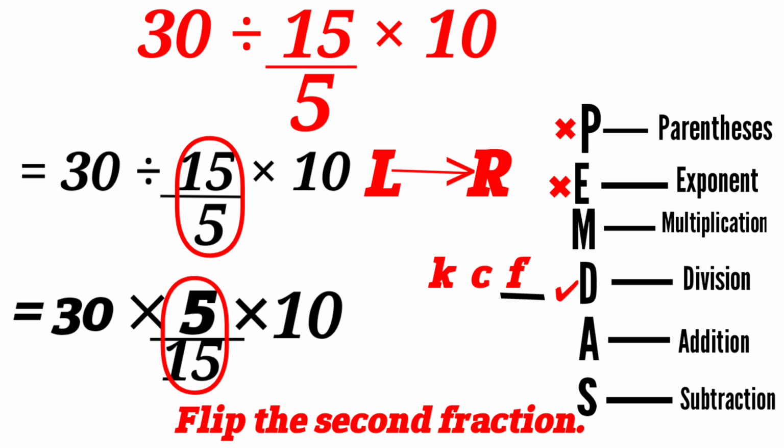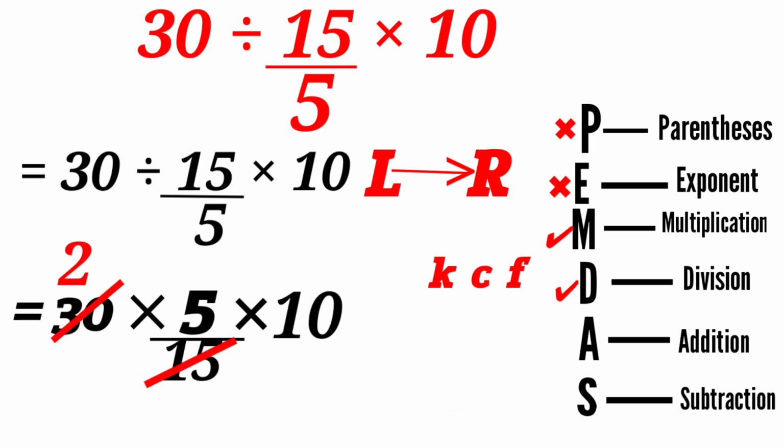F stands for flip the second fraction. 15 times 2 is 30. Numerator multiplication is equal to 2 times 5 times 10.